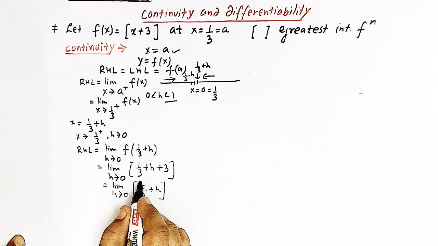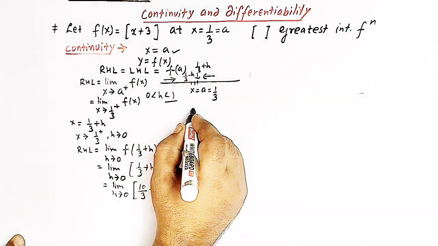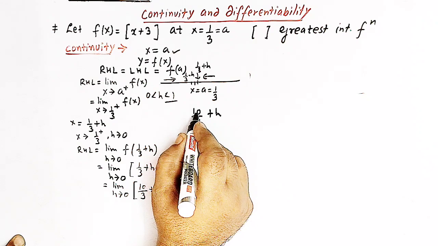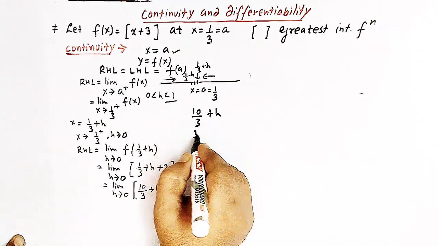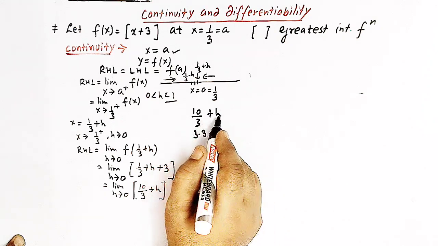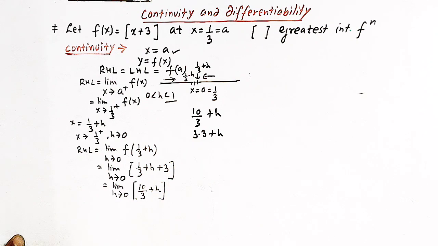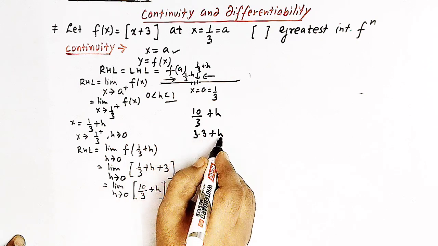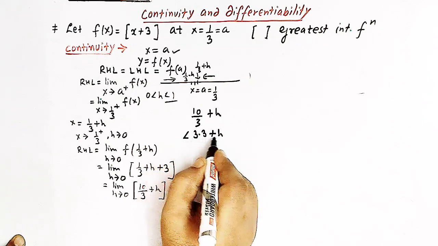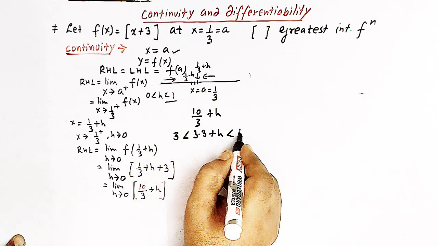Now let us see the term inside the greatest integer function symbol: 10/3 + h. When we divide 10 by 3, we get approximately 3.3, and then we add h to 3.3. Since h is a very small quantity, 3.3 + h is greater than 3 but less than 4.